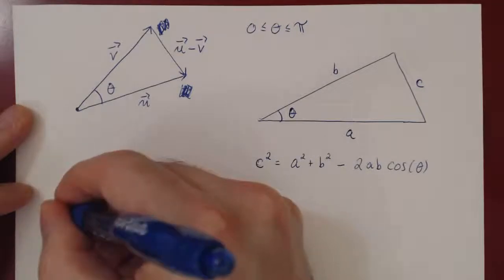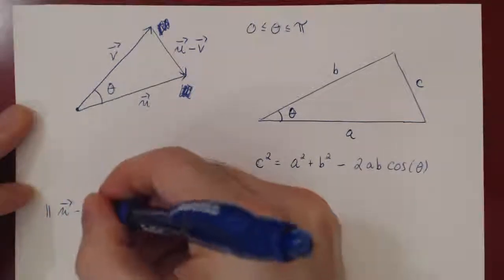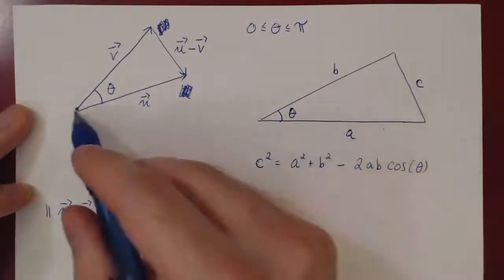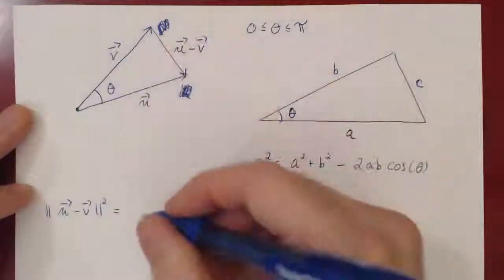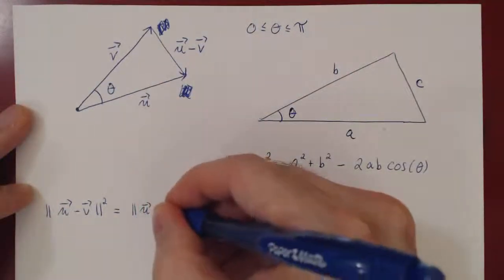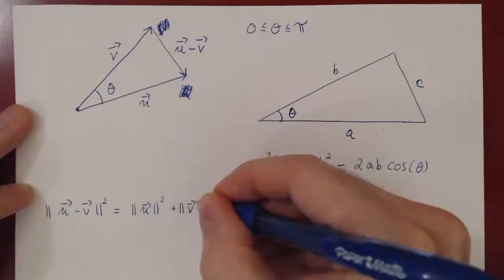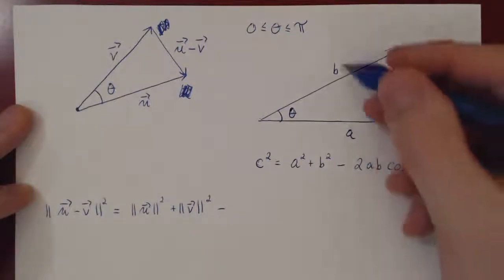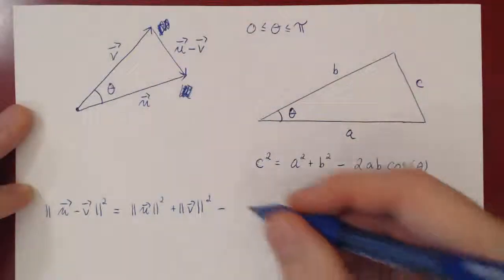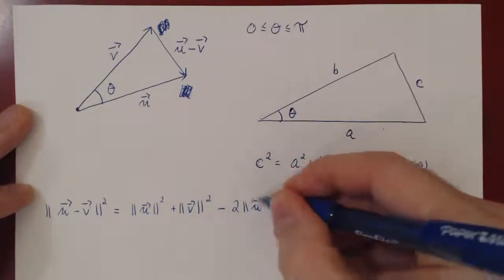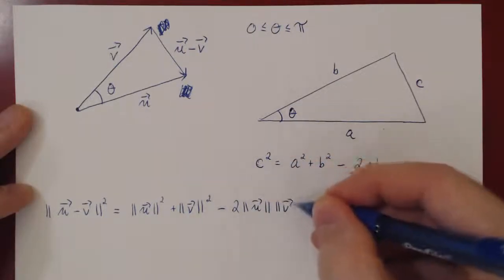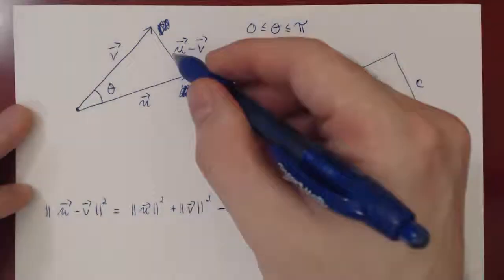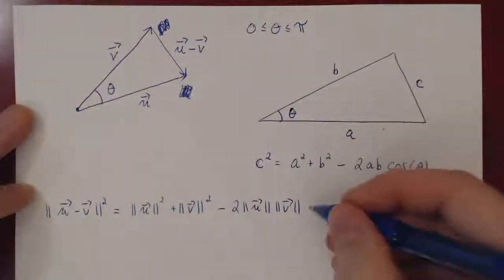So by the law of cosines, the norm of u minus v squared will be the sum of the squares of the other two edges, therefore the norm of u squared plus the norm of v squared, minus twice the length of u times the length of v, times the cosine of the angle opposite to this edge, therefore cosine of theta.